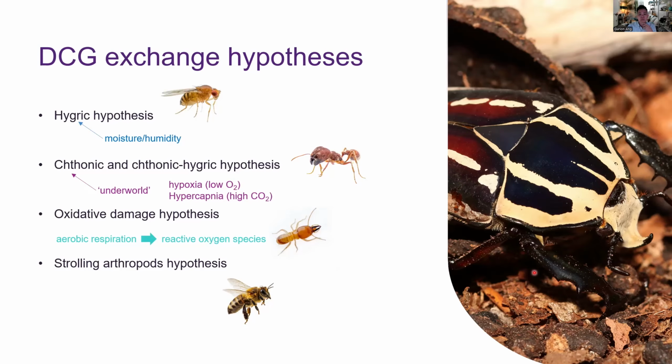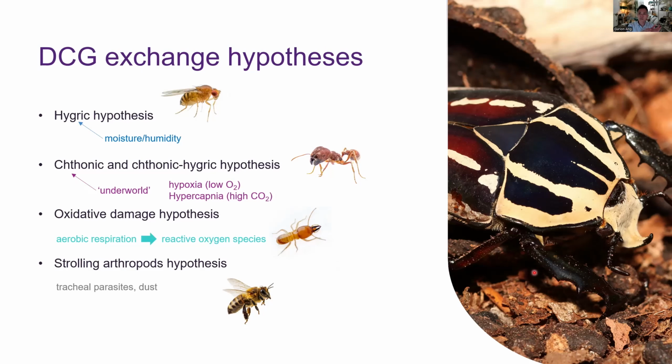Now, the final hypothesis is the strolling arthropods hypothesis. This one is slightly misleading, but the idea of strolling arthropods is that these are animals with very, very high metabolic demand because they're moving all the time, hence strolling. So they're constantly moving. Think of your bees, think of your ants, right? And by virtue of them moving around a lot and being exposed to the environment a lot, it is not uncommon for them to pick up dust, to pick up tracheal parasites.